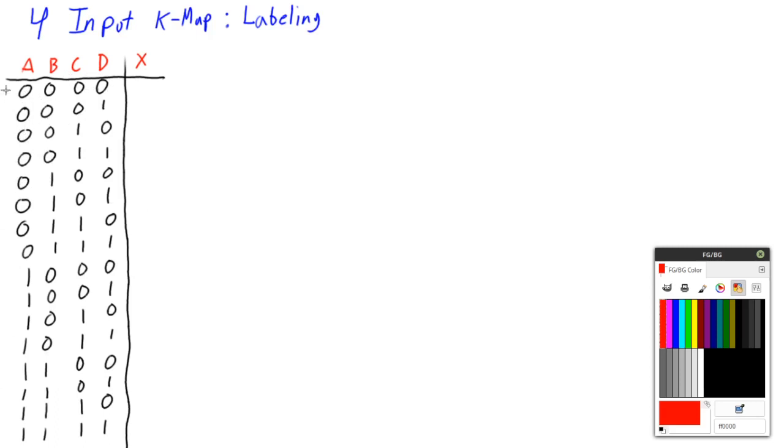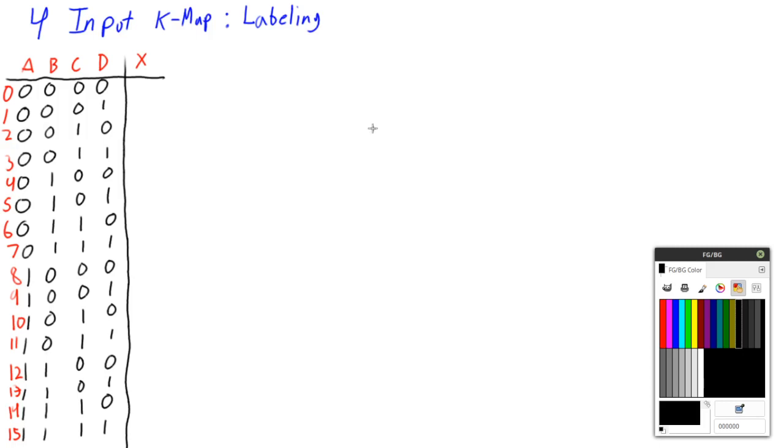So this is 0, 1, 2, 3, 4, 5, 6, 7, 8, 9, 10, 11, 12, 13, 14, and 15. So we've got these labels, and now let's look at our K-map.